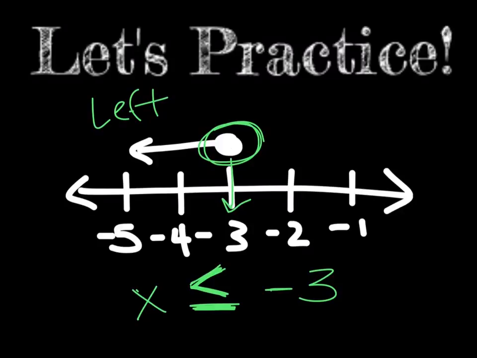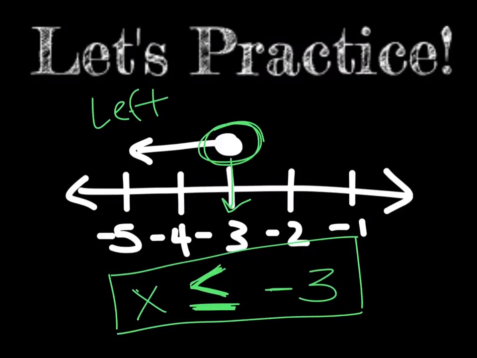So if you have one of these and it tells you to graph it, first of all, write your variable, look at where your little dot is pointing at. That's where I wrote my -3. I draw my equal bar because it's colored in, and then I did a less than symbol because my arrow is pointing to the left. Let's try another one.